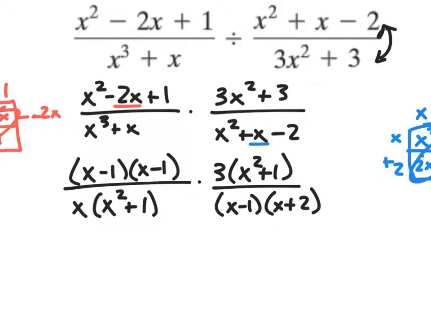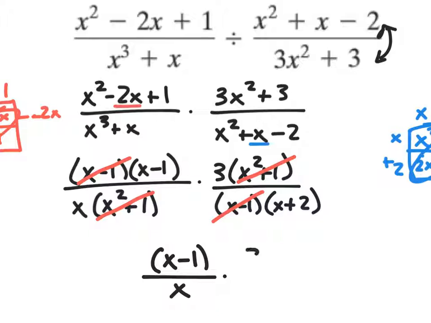All right, common factors. Now, I can divide out an x minus 1 factor. I could also divide out x squared plus 1 in each of these. So let's think about what you have. You have the quantity x minus 1 over x times 3 over x plus 2.